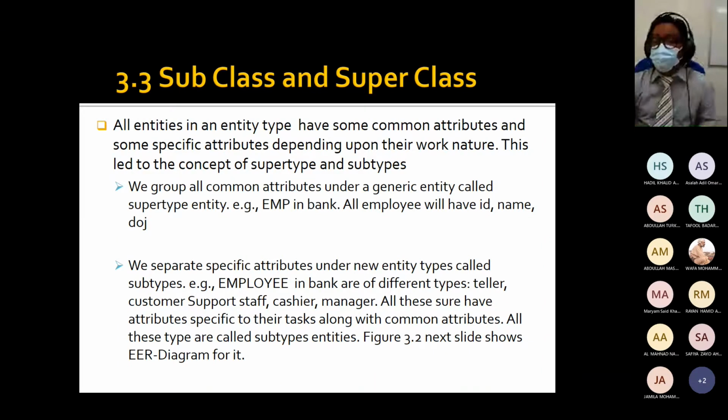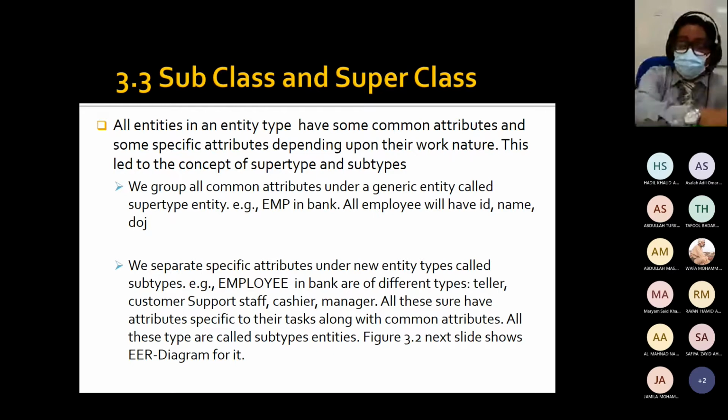Giving an example, employees in a bank have different roles. A teller could be a job description, right? Or the other one could be customer support. The other one could be a cashier. The other one could be a manager. So they have totally different kinds of specific nature of work. So we call these subtypes.